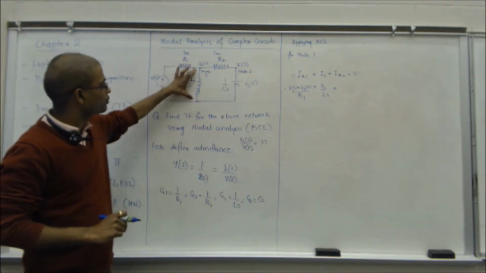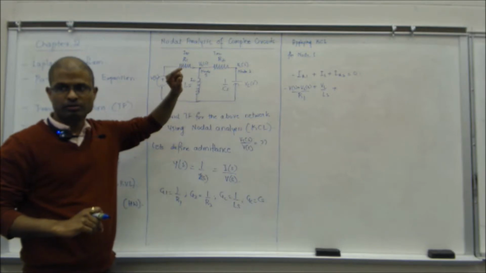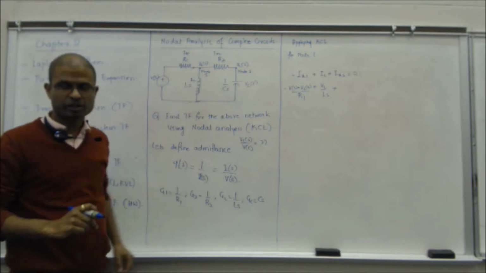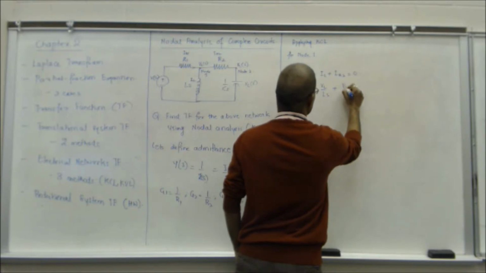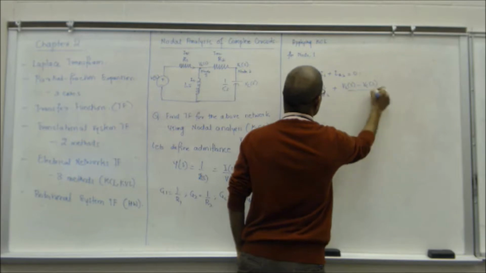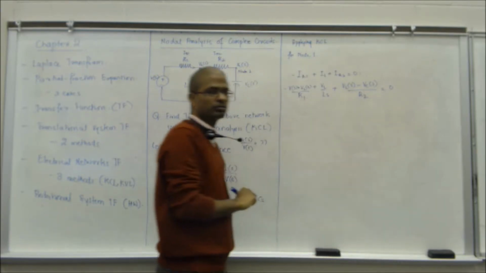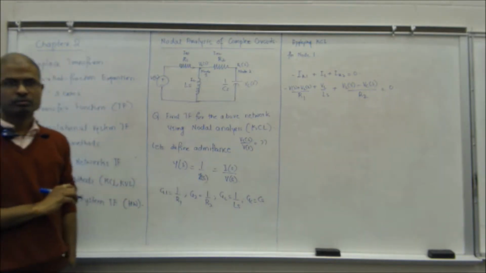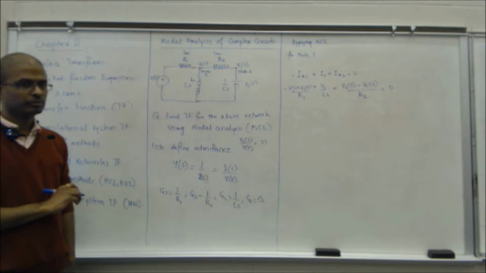This voltage gets split into this and this. VL of S minus VC of S over R2 is equal to 0. Got it?